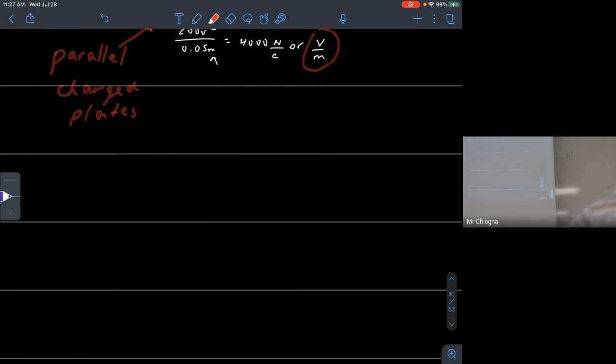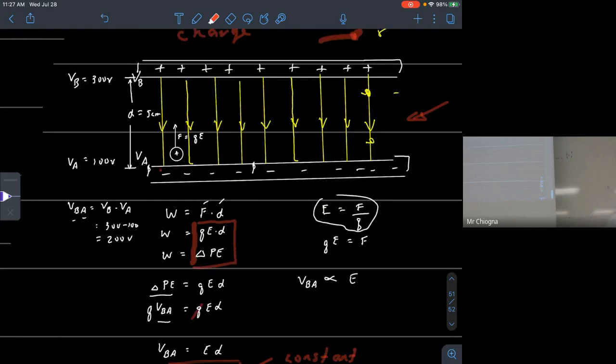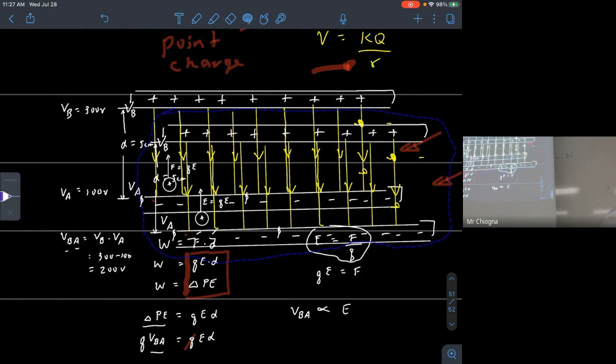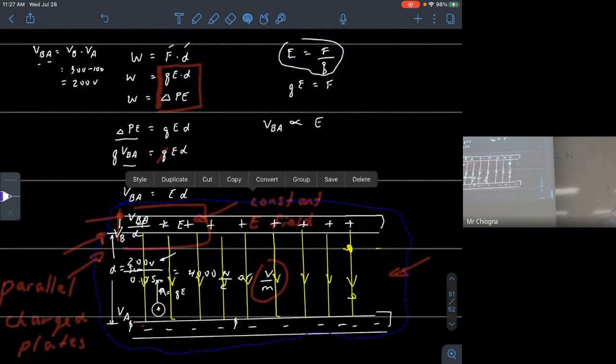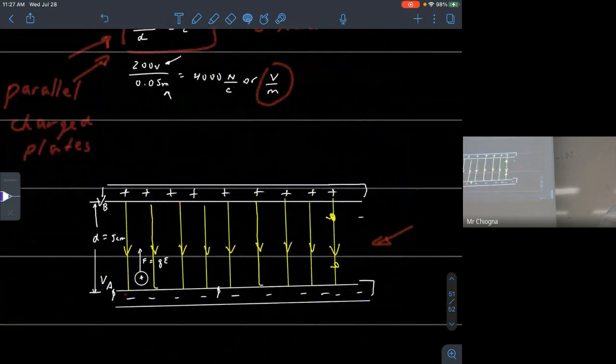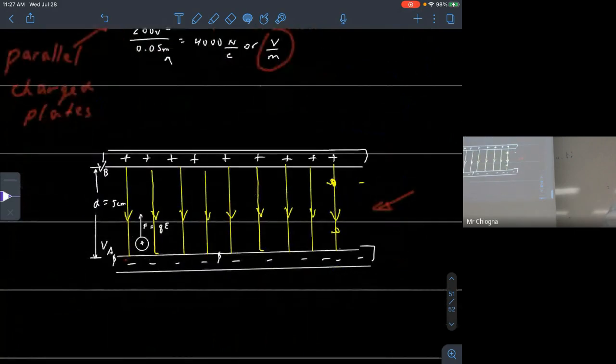One more thing before I go on. Make another copy of this. Let's take this proton. See this proton here?